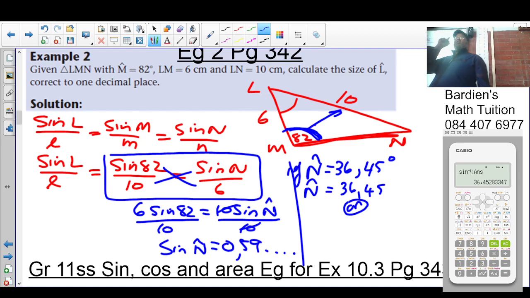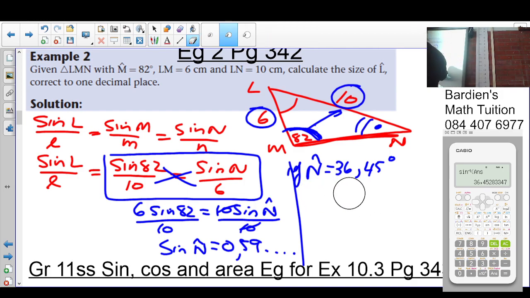So you must remember the largest angle is opposite the largest side, while the smallest angle will be opposite the smallest side. So now I'm thinking of working out an obtuse angle for N, but then I realize that 6 is smaller than 10. So this can't be an obtuse angle.